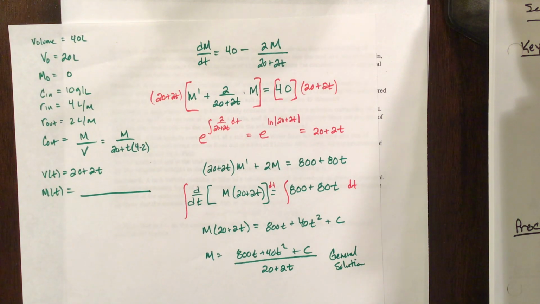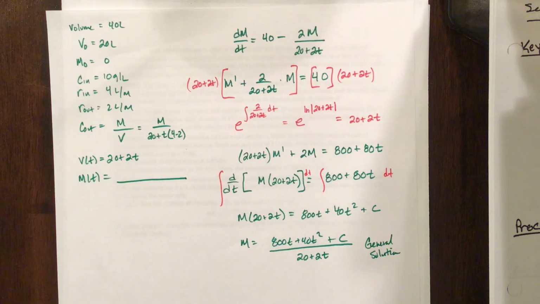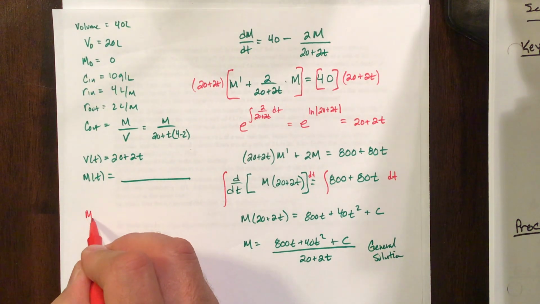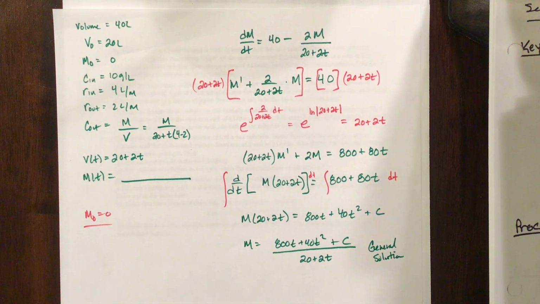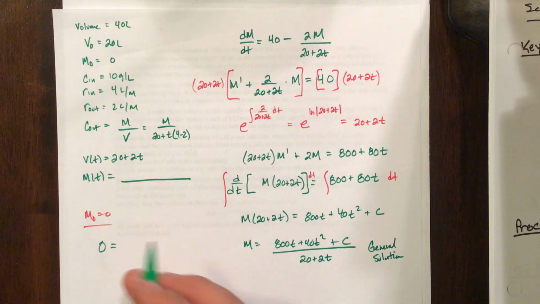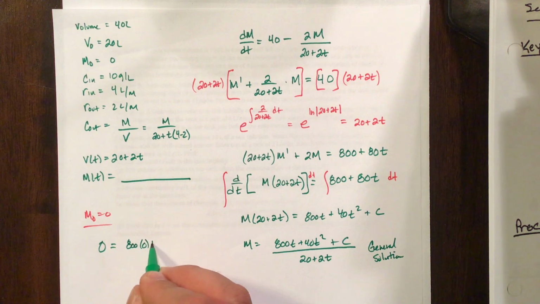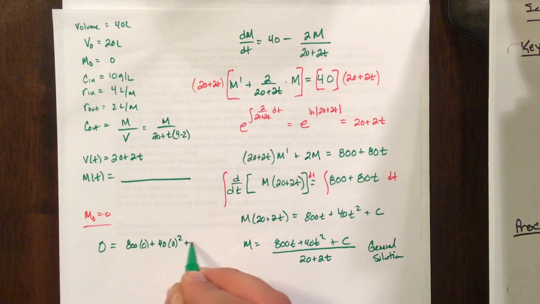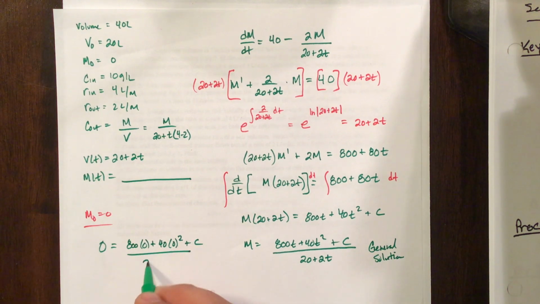Now, for this particular situation, we know that m naught is 0 because we originally started with water. So I can plug in 0 for m and 0 for t, get 800 plus 0 plus 40 over 0 squared plus c over 20 plus 2 times 0.